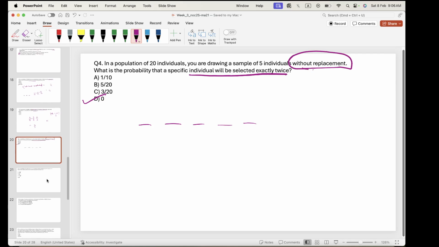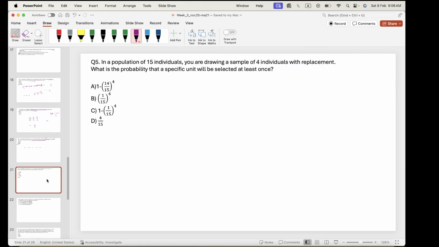So moving on. In a population of 15 individuals, you are drawing a sample of 4 individuals with replacement. What is the probability that a specific unit will be selected at least once?